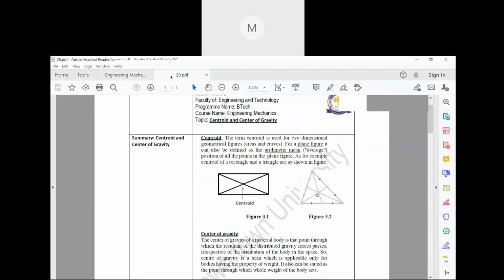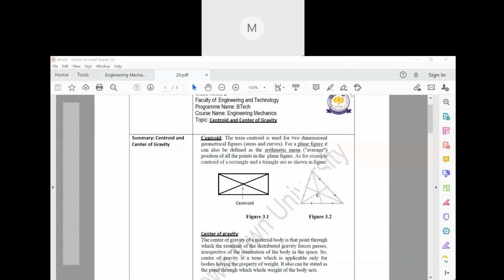Now, if you see this figure here, this is a rectangle, right? In this rectangle, if you draw one diagonal from this side to this side, and the other diagonal from this side to this side, then all these diagonals meet at one particular point.